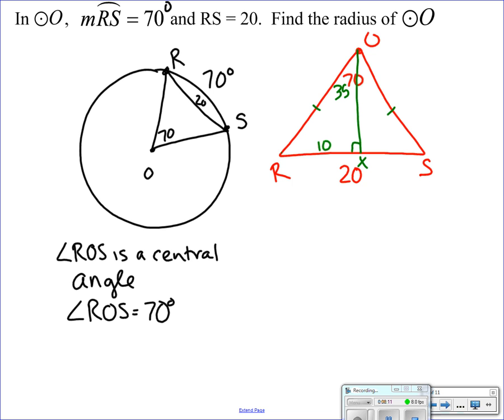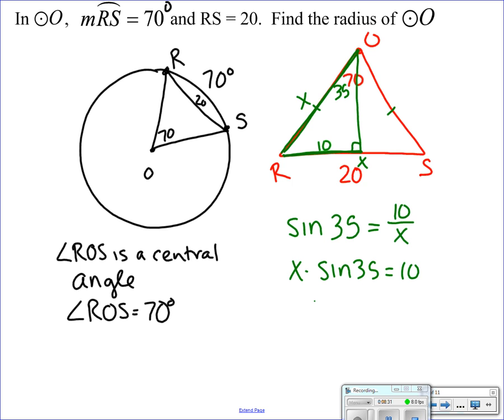I need to find the hypotenuse. I'm given the opposite, so that's sine. Sine of 35 is equal to the opposite over the hypotenuse, what I'm looking for. Multiply both sides by x. Then divide by sine of 35.